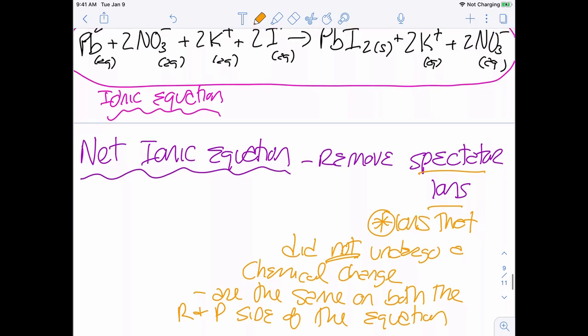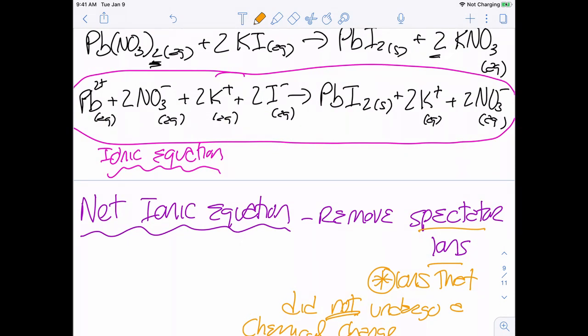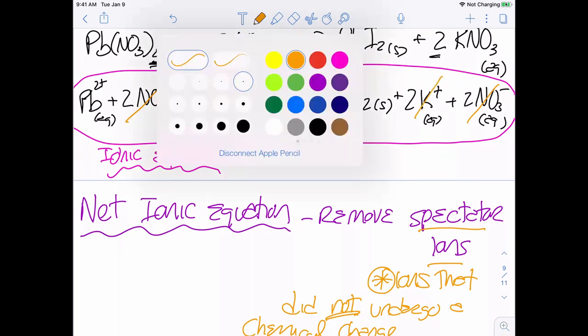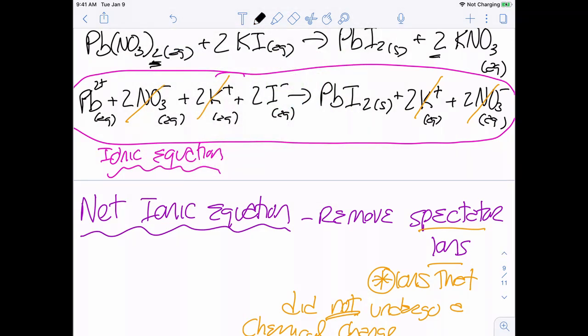So if I go back up to my ionic equation, I'm just going to look for spectator ions. We already said that nitrate was one. So I'm going to get rid of my nitrate. And then do you see anything else that's not undergoing a chemical change? Yeah, potassium. I have 2 potassium ions and then 2 potassium ions. So what I'm going to do then is I'm just going to rewrite everything that's left.